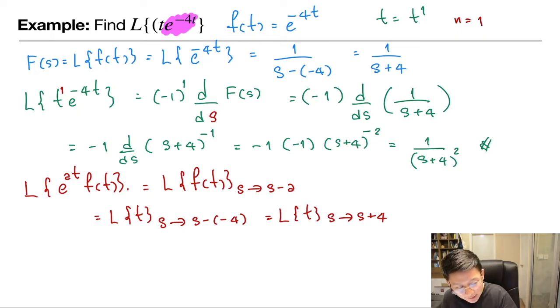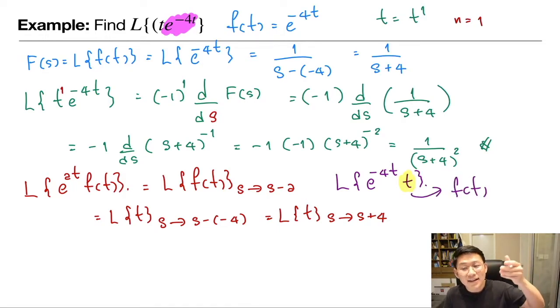Here we look at it differently. It's the Laplace transform of e to the minus 4t times t, and in that case we take t as f(t), and we apply the first technique, not the second technique. Once we do that, what is the Laplace transform of t?